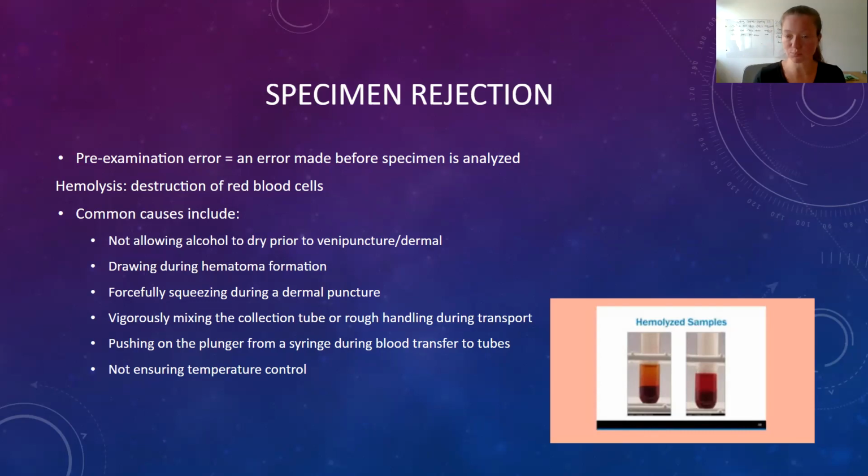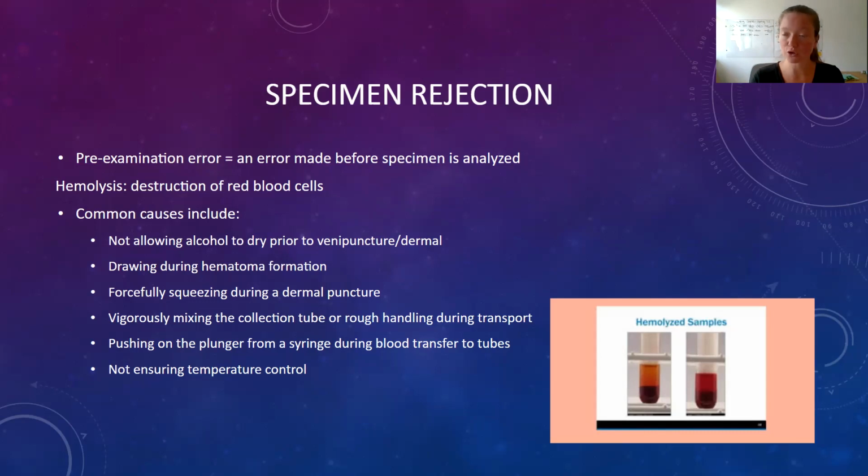When hemolysis is present, it doesn't make it easy for us to test things such as potassium and calcium, so our results aren't going to be accurate and we're not going to be able to use them. Common causes of hemolysis: you've cleaned the site, but you haven't allowed the alcohol to dry completely on its own. Continuing to draw even when we see a hematoma forming.